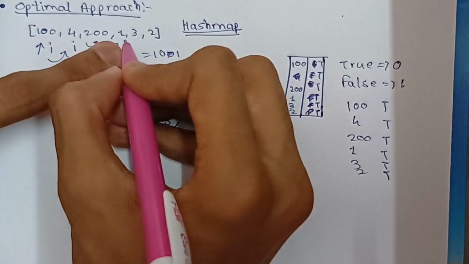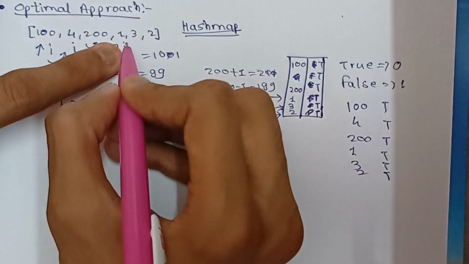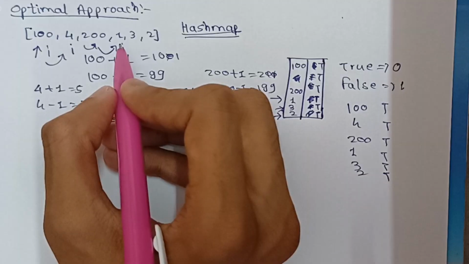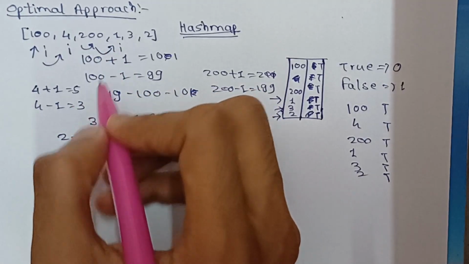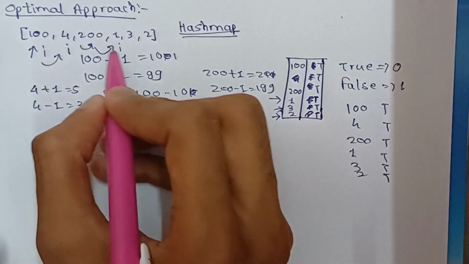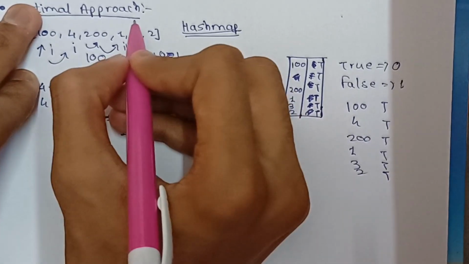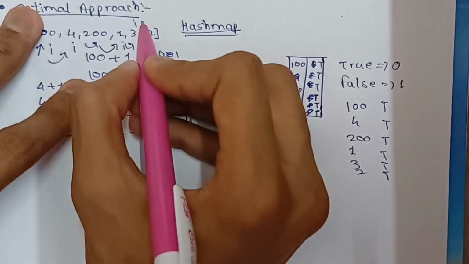Now the I pointer will come to 1. Here it is not false, it is true. So we know that the consecutive numbers near 1 have been found first. Again we move the pointer I forward to 3 and 2.